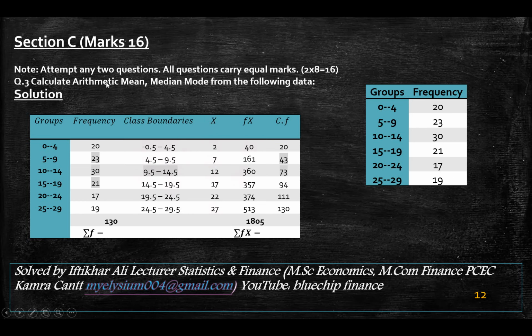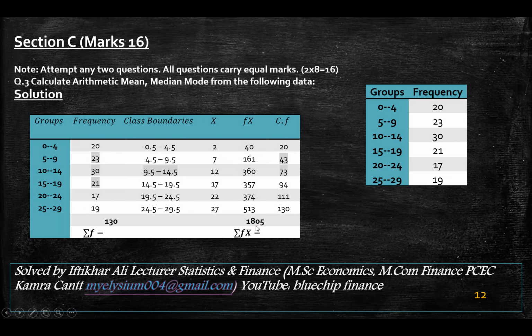Next, for arithmetic mean, the formula is sum of fx divided by sum of f. Sum of f is 130 and for sum of fx, we simply multiply f with x one by one, so 20 multiplied by 2 is 40, 7 multiplied by 23 is 161, 12 multiplied by 30 is 360, and so on.